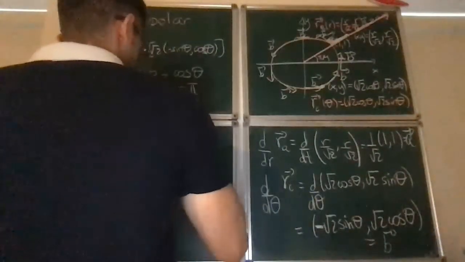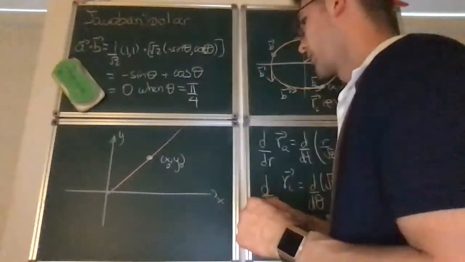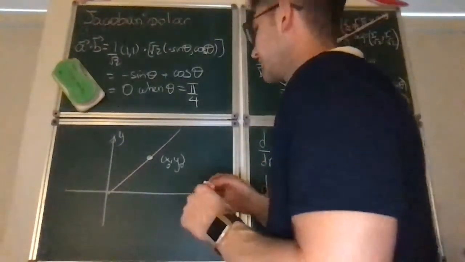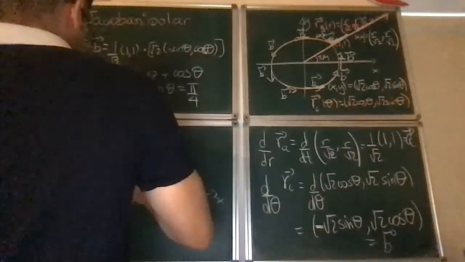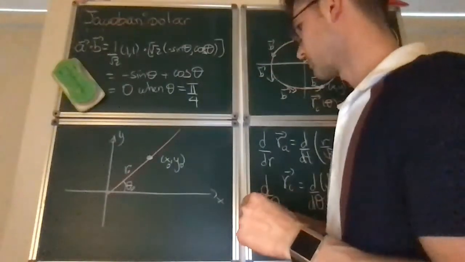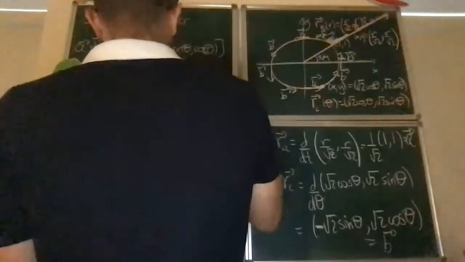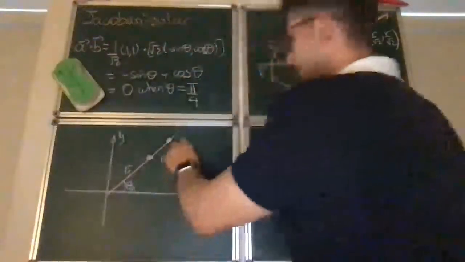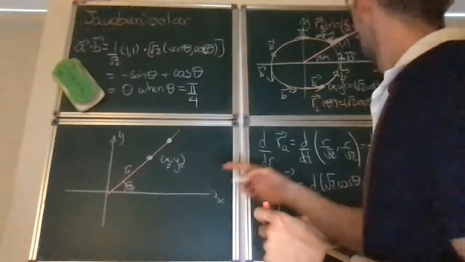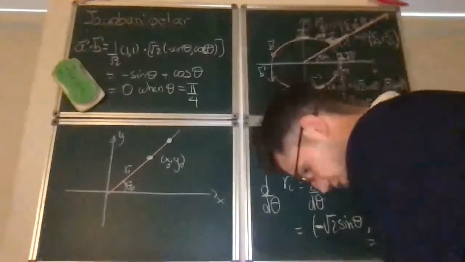Let's call this point x naught, y naught. Okay? So that has some distance r naught and some angle theta naught from the origin. So any point here is a point of constant theta.